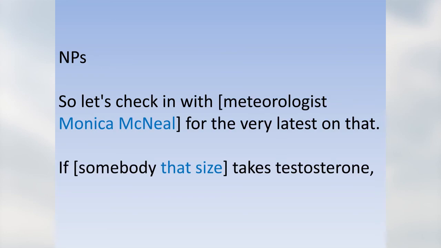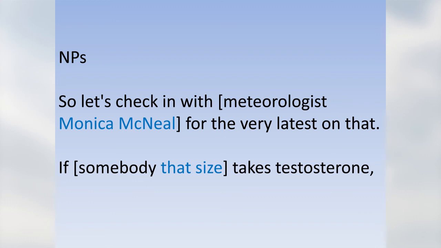Noun phrases, yes, sometimes you get a noun phrase modifying a head noun phrase, so you have two that come right in a row. So let's check in with meteorologist Monica McNeil. This you'll know as an appositive probably. The appositive noun phrases are considered internal modifiers coming after their head.